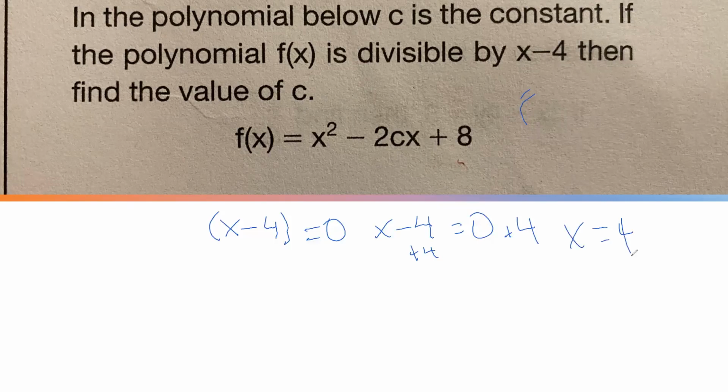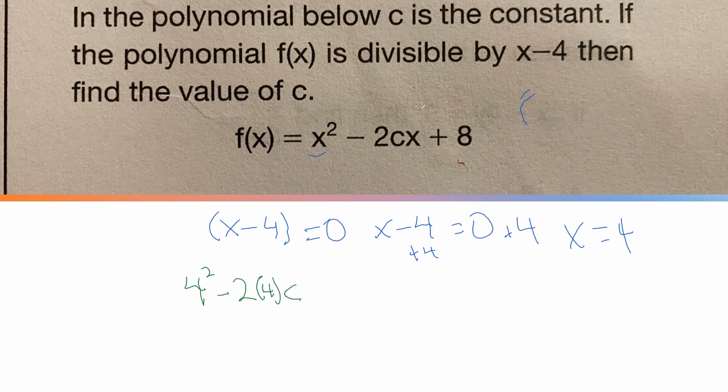Now I can substitute 4 whenever I see an x. I'm going to go ahead and do it here in green. So I'm going to say 4 squared minus 2 times 4, which is the x, times c.